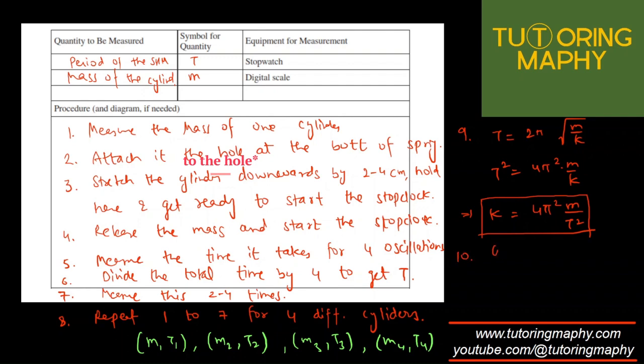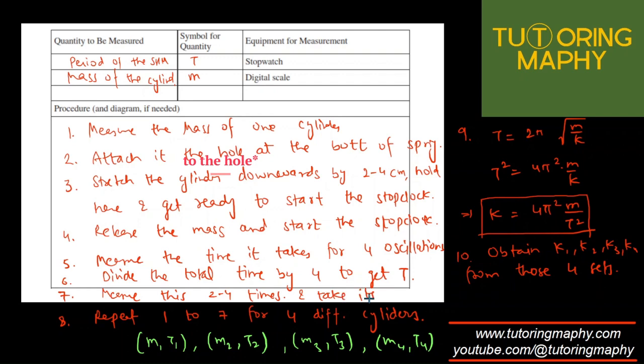Step 10 will be to obtain k1, k2, k3, k4 from those 4 sets. In fact, measure this 2 to 4 times and take its average.